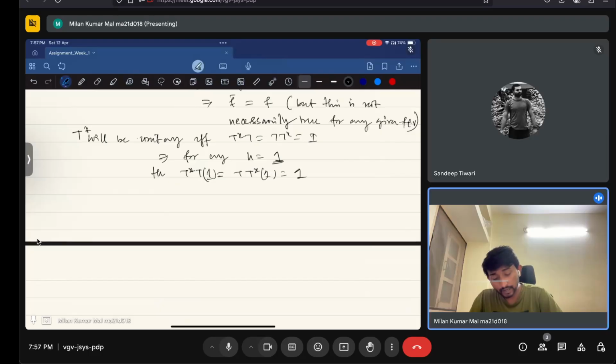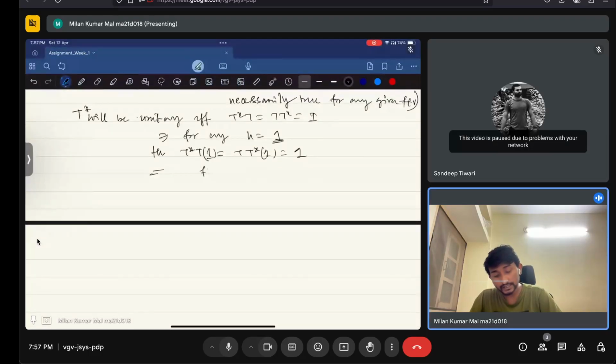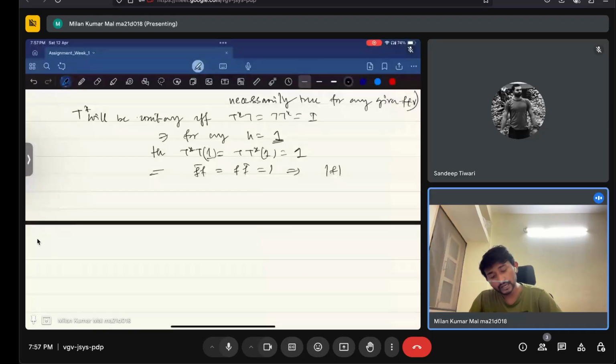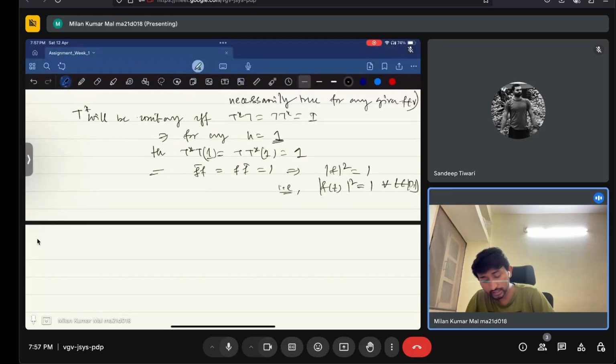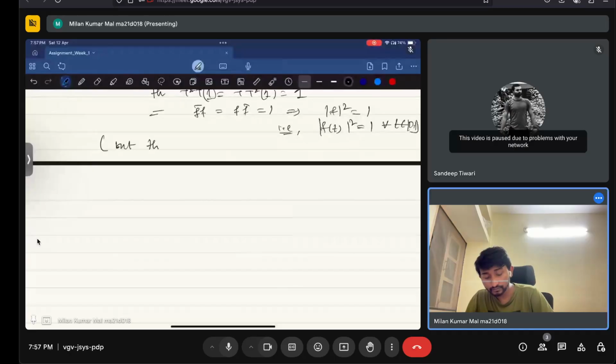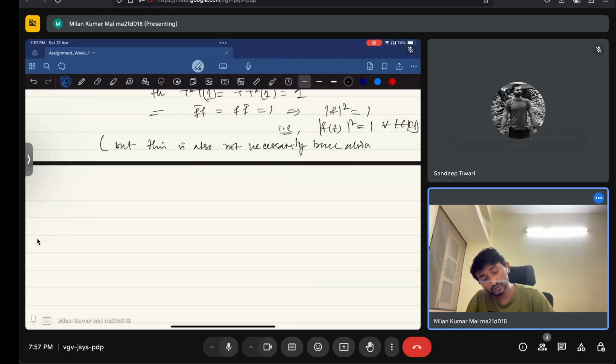But the first one is f times 1, that is f itself, and the second one is f bar, so f times f bar equals 1. That implies mod f squared will be 1. That is, mod f(t) squared equals 1 for all t belonging to 0 to 1. But that is also not necessarily true always.